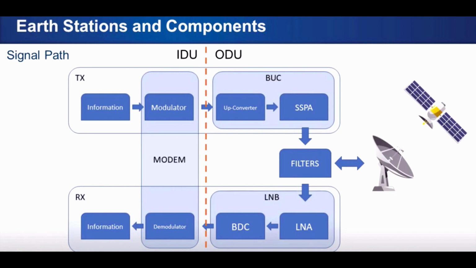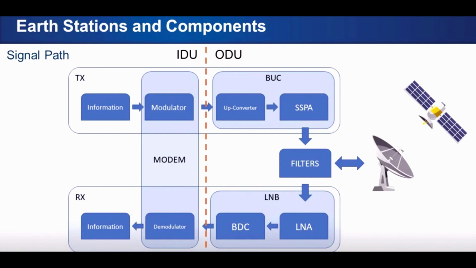Once the signal is received by the Earth station, it is processed the same way, but in reverse order. The signal is filtered, amplified, and the frequency is converted to a generic band, in this case L-band, by a low noise block, or LNB, and finally converted by a demodulator or satellite receiver to recover the original information.